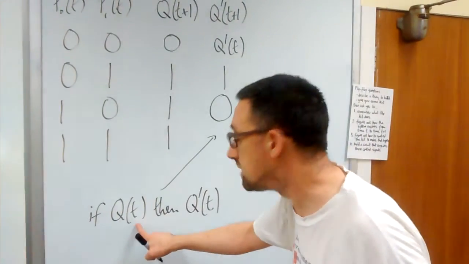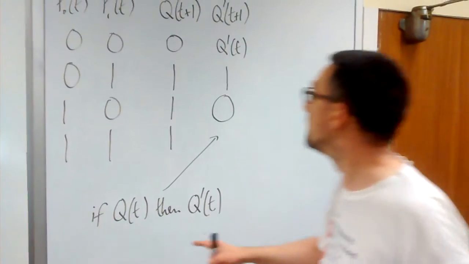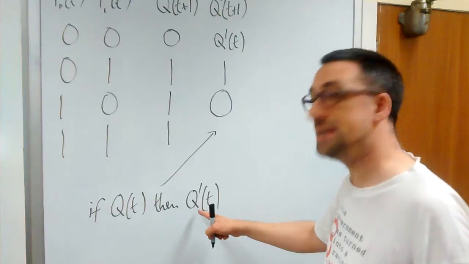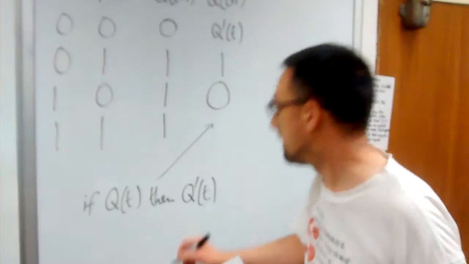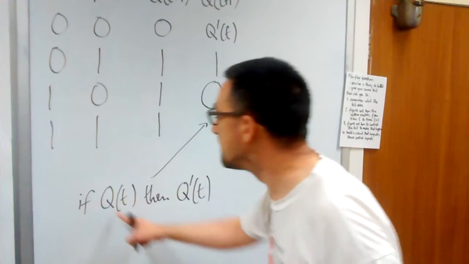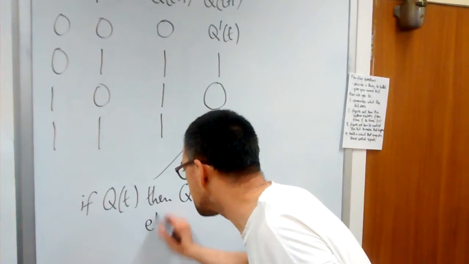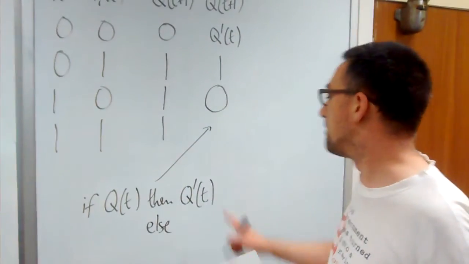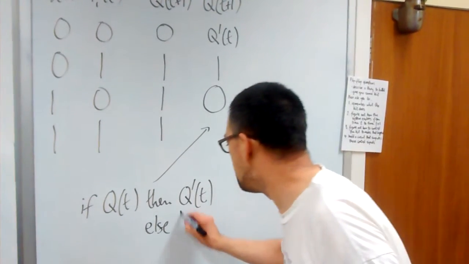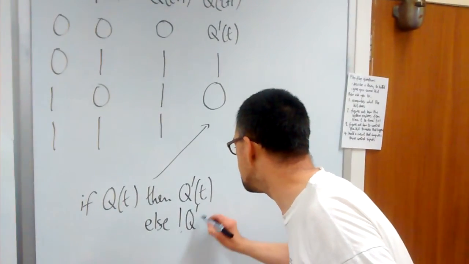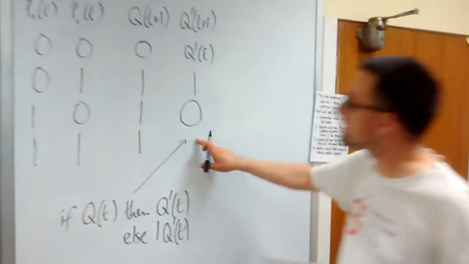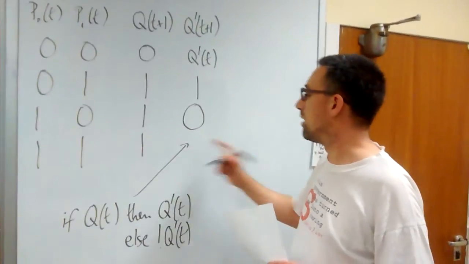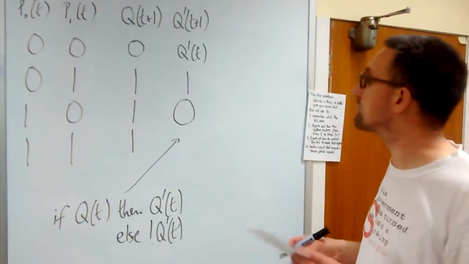If Q of t is true, then Q prime of t tells us who is currently printing, and they should still be printing. Otherwise, if nobody's printing, then the person who gets to print should be the opposite, the negation of whoever it was printed previously. So that's the logic for this box in the characteristic table.